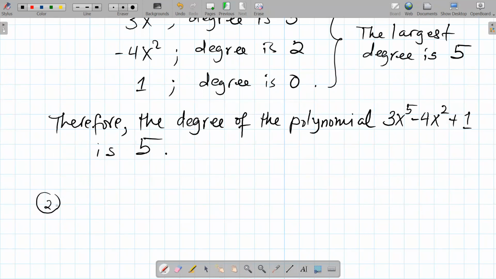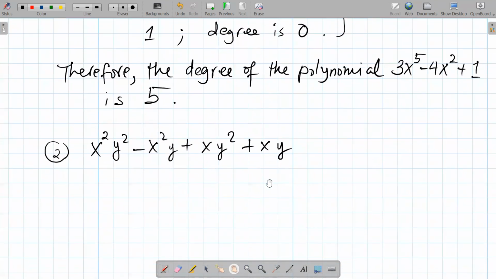Look at the second one. We have x squared y squared minus x squared y plus xy squared plus xy. We also want to find the degree of this polynomial. So look at it carefully.